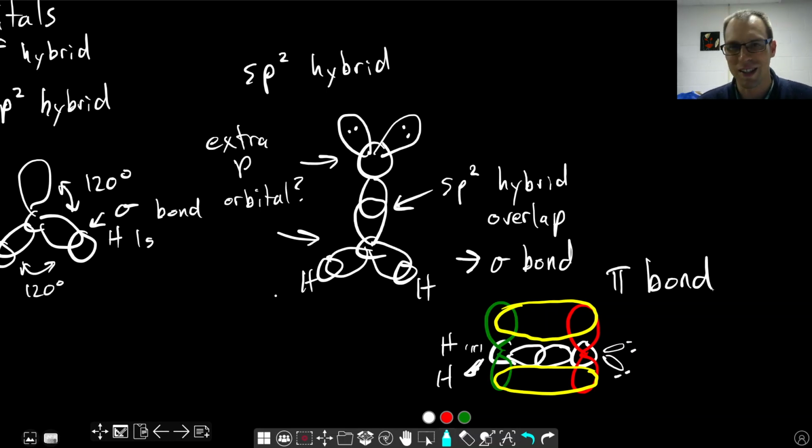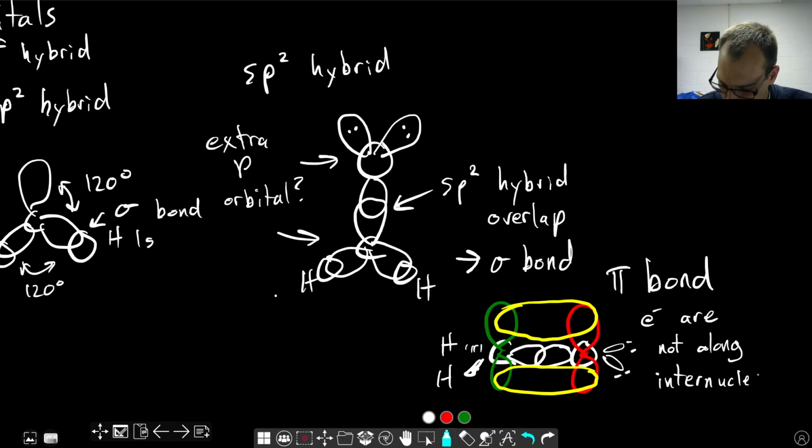That's where these letters are coming from, because a pi bond is kind of like a p orbital, and a sigma bond is kind of like an s orbital. What makes a pi bond is that the electrons are not along the internuclear axis. In this case, they are above and below the internuclear axis.